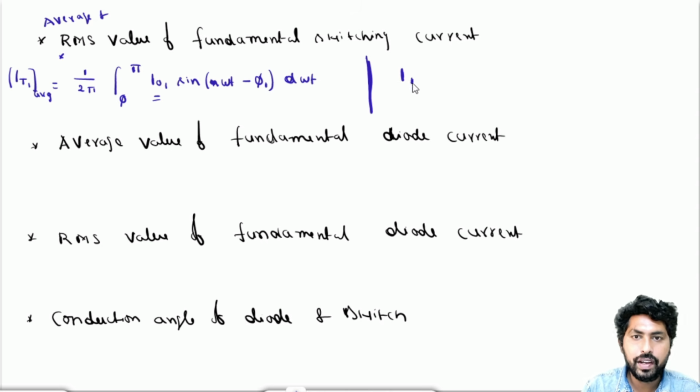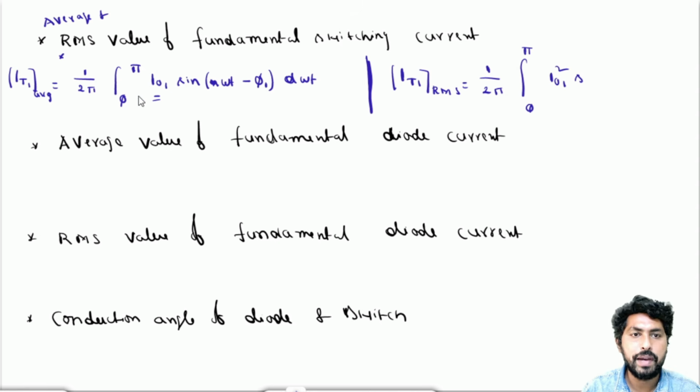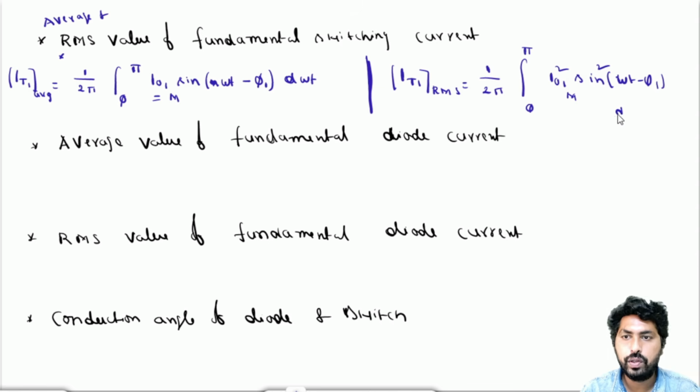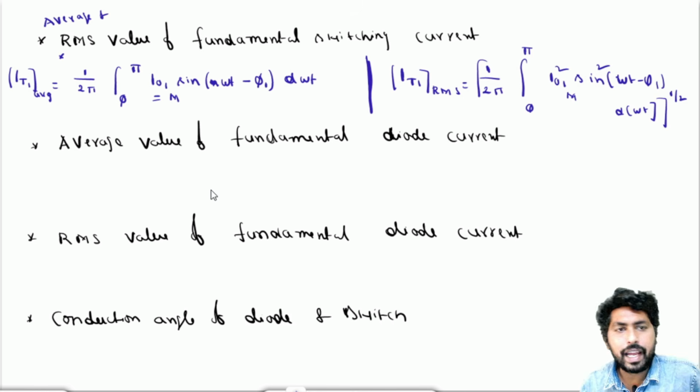Similarly, IT1 RMS would be, with the same formula, 1 by 2 pi into the integration from phi 1 to pi of I naught 1 max, that is the maximum value, whole square, into sine (omega t minus phi 1) whole square into d omega t, whole power 1 by 2. So this is how we can calculate this.